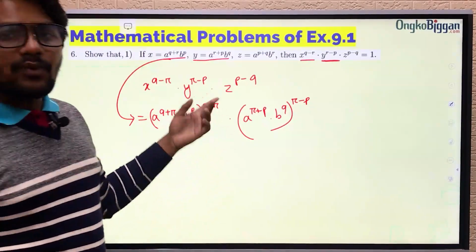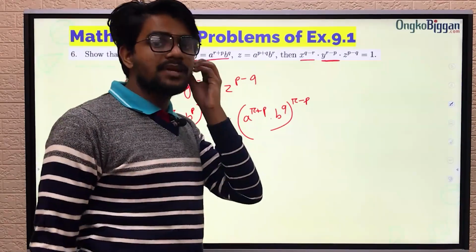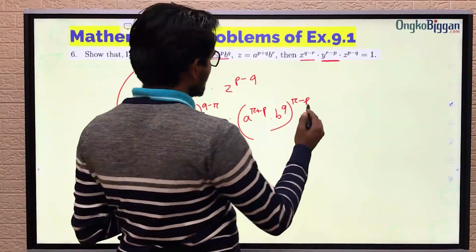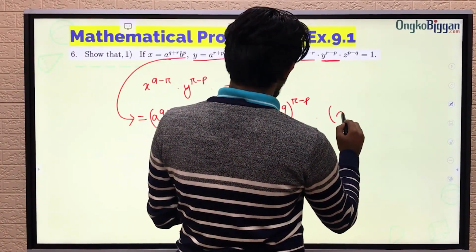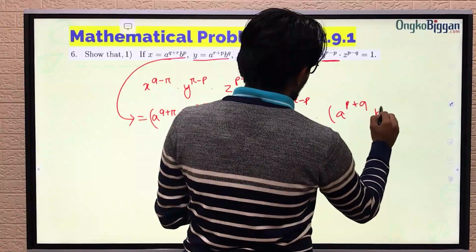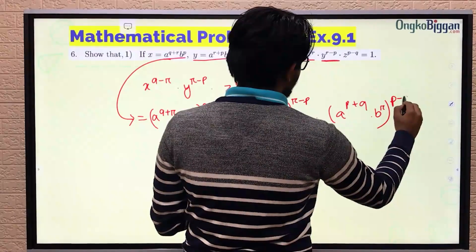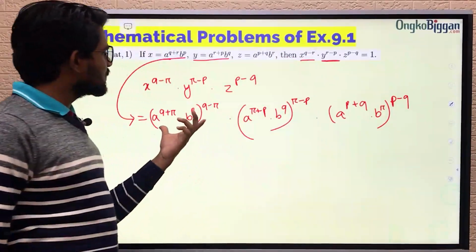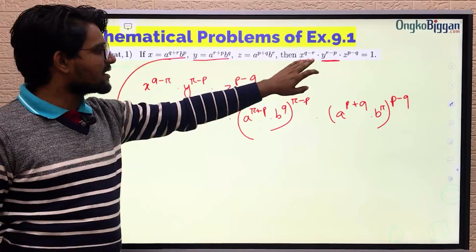And similarly, I'm going to substitute z with its value, that is a to the power p plus q into b to the power r, all to the power p minus q.